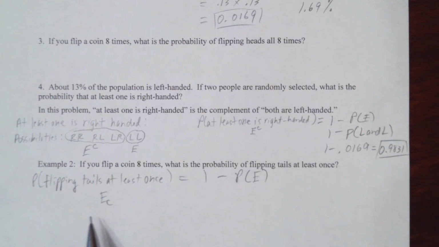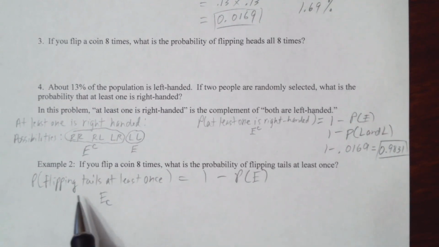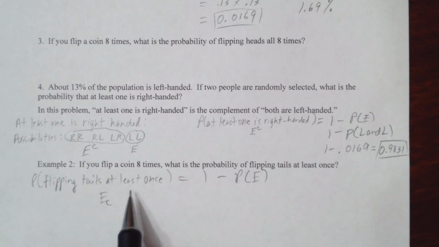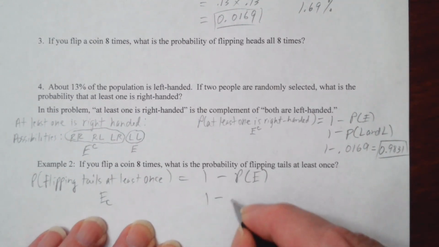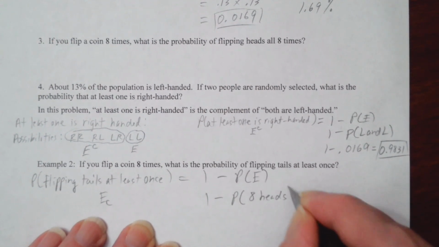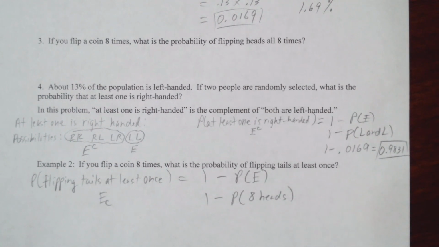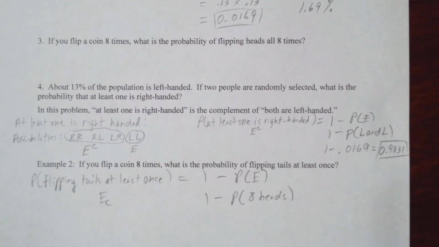What does it mean to not flip tails at least once? Doesn't that mean that all 8 times you got heads? So it's 1 minus the probability of 8 heads. So we flip it 8 times and we get heads each time. So you could say H and H and H 8 times. I'm just going to say H, 8 heads. And in fact, we found that probability earlier.